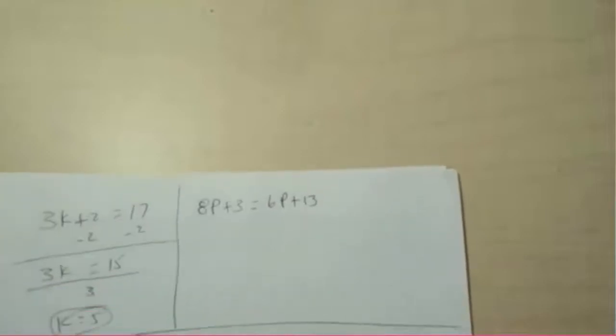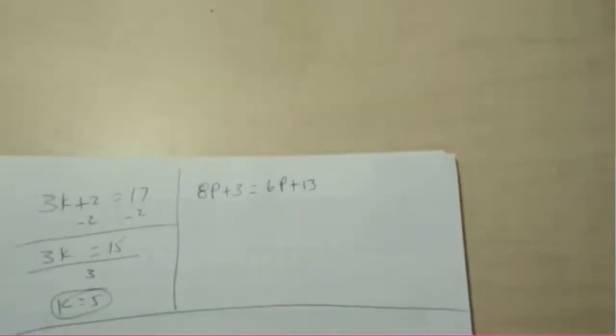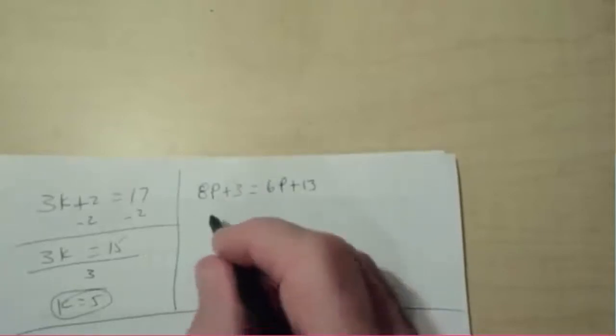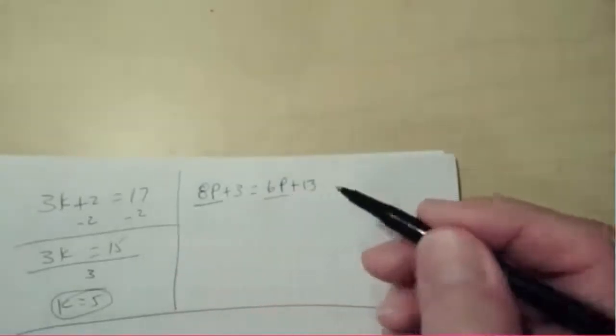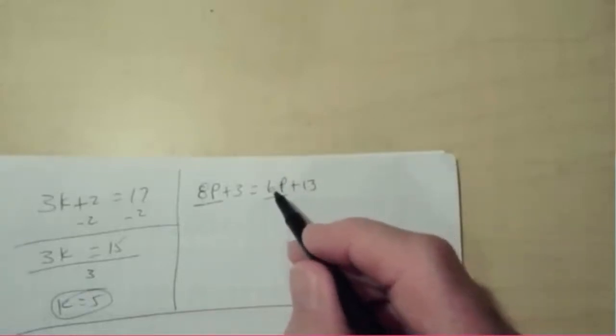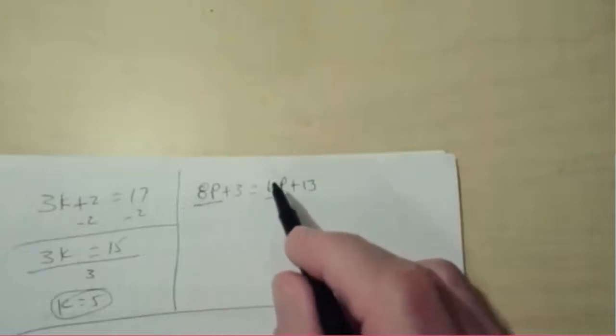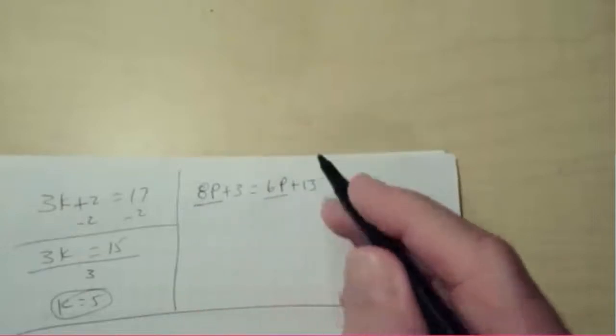Now what we want to do is move the variables first. You really don't have to do this, but it's going to make it easier if you do. Otherwise, you're going to end up with some horrible negative numbers. Think about these like a load of bricks. Which one would you rather carry, 6 or 8? Let's carry the smallest number.